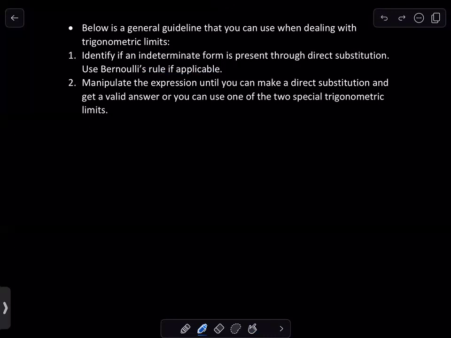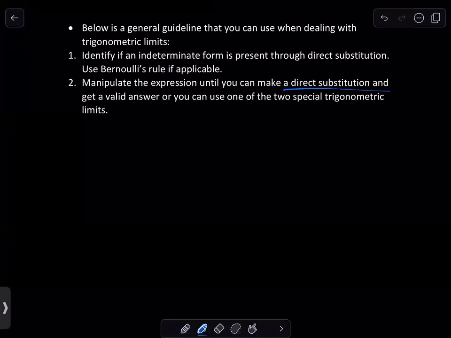And if that doesn't work, then you're going to try to manipulate the trigonometric expression until you can make a direct substitution. What I mean by that is using your trig formulas: your reduction formulas, possibly double angles, or tangent is equal to sine over cosine. That's what I mean by manipulate.